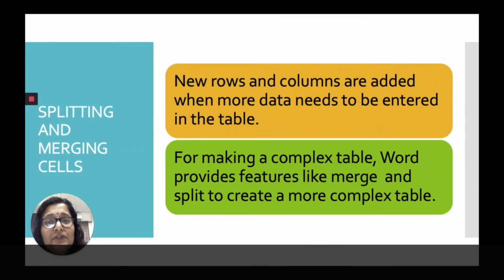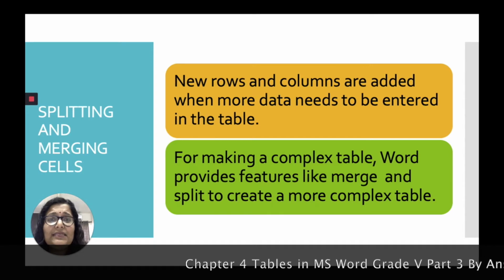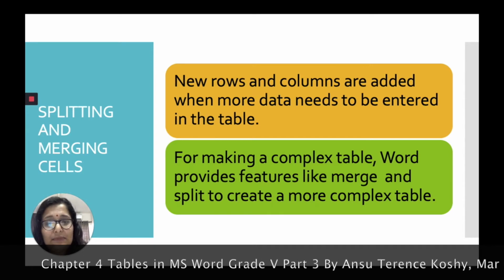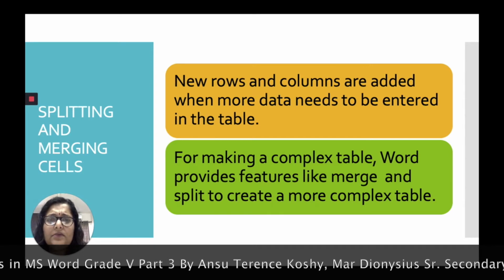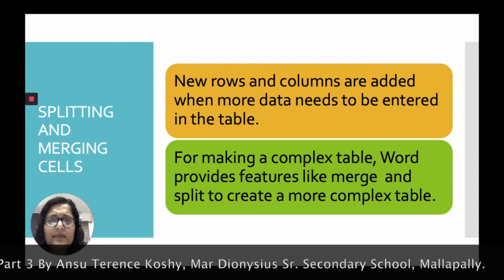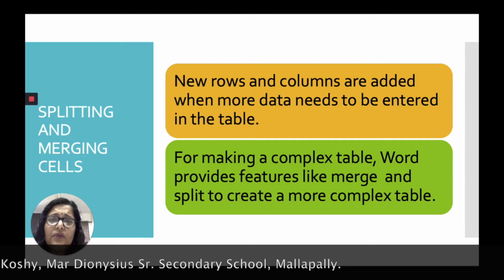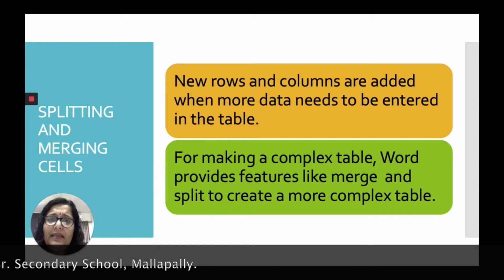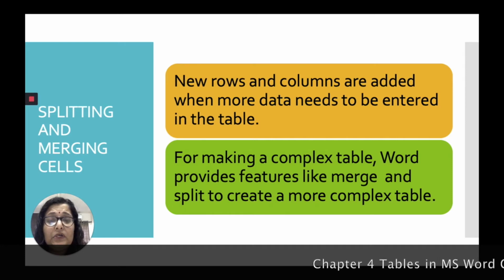Splitting and merging cells. New rows and columns are added when more data needs to be entered in the table. If you want to enter more data in between the given tables, then you can always do that by entering new rows and columns. For making a complex table, Word provides features like merge and split.